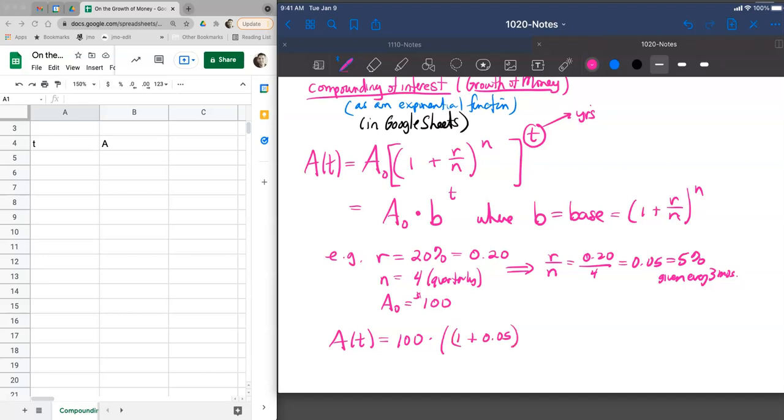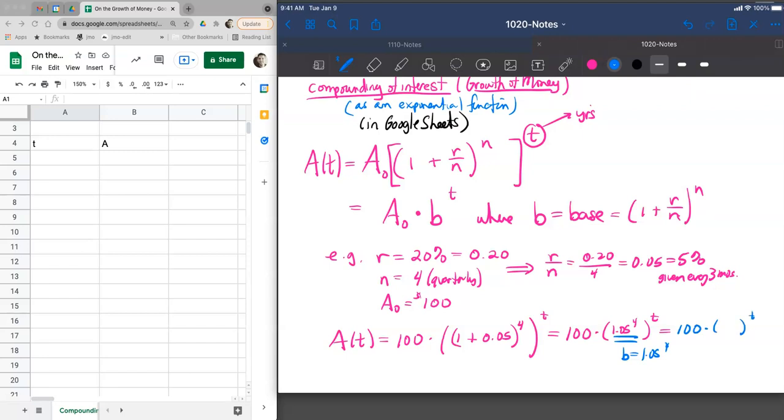And we need to raise that to the nth power, which is 4, right? And then all of that to the t power. So what we need to do is 100 multiplied by 1.05 to the 4th power to the t power, and our number b is 1.05 to the 4th, which we will compute in our spreadsheet or in our calculator.